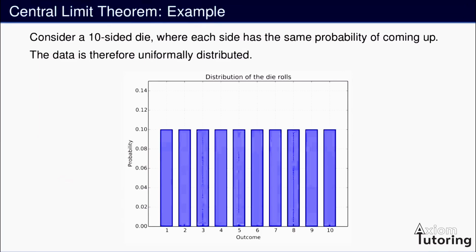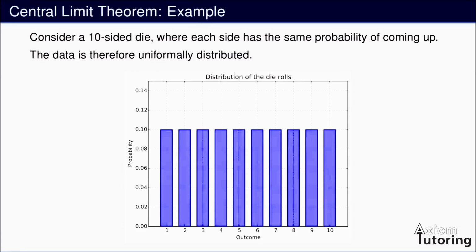Now, let's try to wrap our head around this notion of central limit theorem and what it means, because there's a lot of misunderstanding around this concept. So let's consider a 10-sided die where each side has the same probability of coming up.